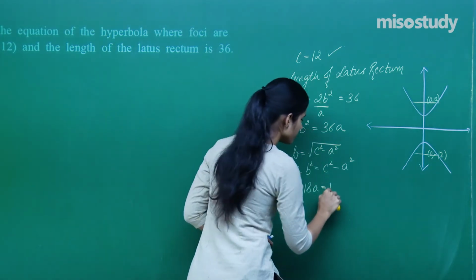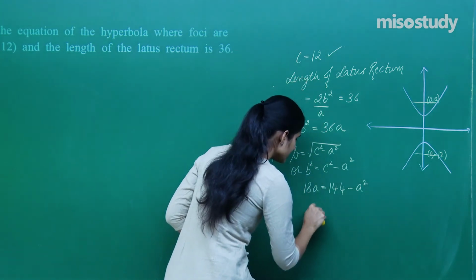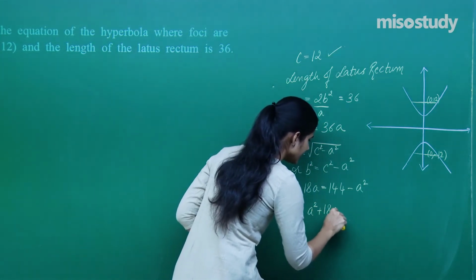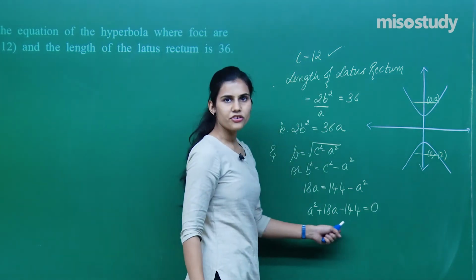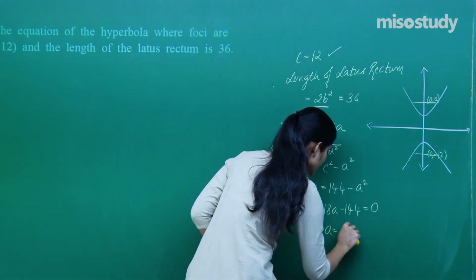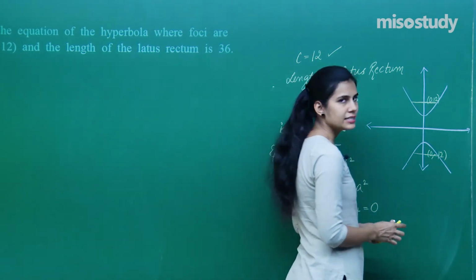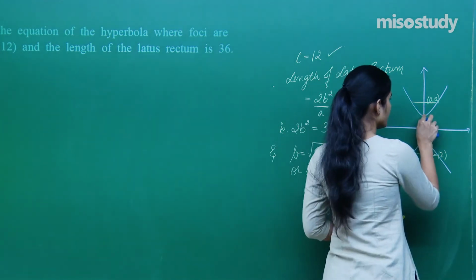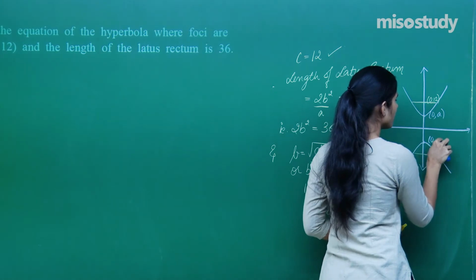C square is 144, so 144 minus a square equals 18a, or I can write this as a square plus 18a minus 144 equals 0. This is a quadratic equation in a. When you solve this, you get a is minus 24, 6. But what does a represent? This point is (0, a) and this point is (0, minus a).